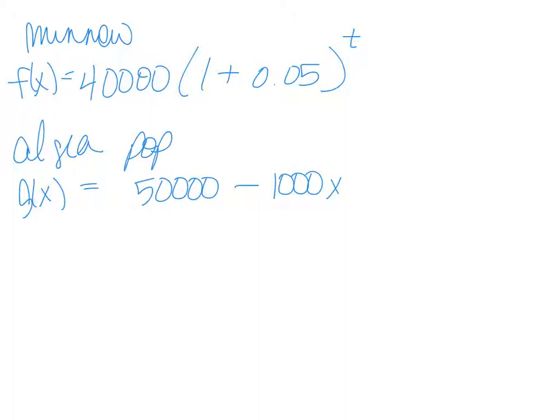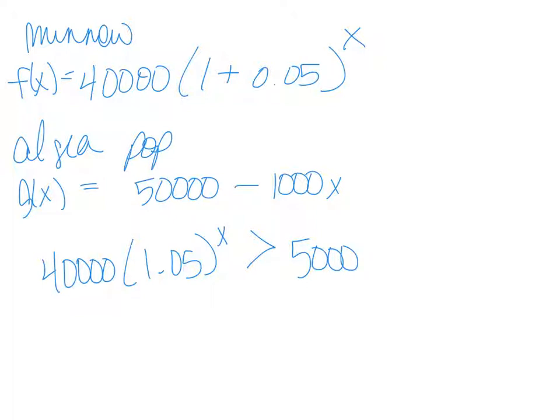So for what year is one bigger than the other? We don't know how to solve for exponential variables yet. I'm going to make that an x. But we can guess and check. So minnow population greater than algae population. Let's see, what can I do mathematically? Oh, I missed a zero. Not much.